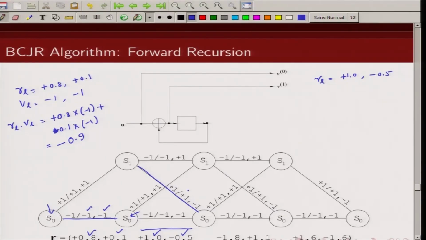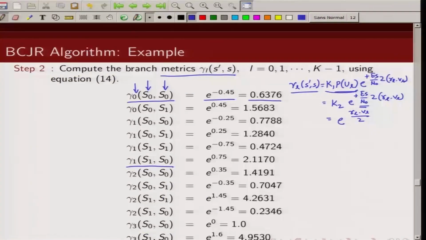It is plus 1 and minus 1. So, what would be RL dot VL in this example? It is 1 into 1 plus minus 0.5 into minus 1, so this will be 1.5. You plug that in here, 1.5 by 2, so this will be e raised to power 0.75, and that is what it is.